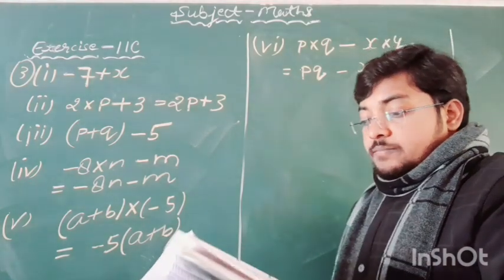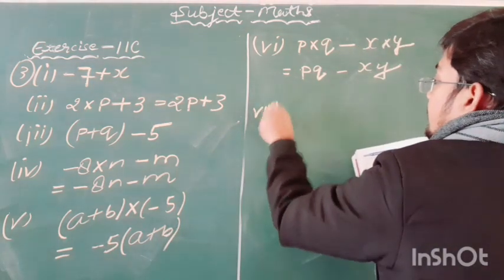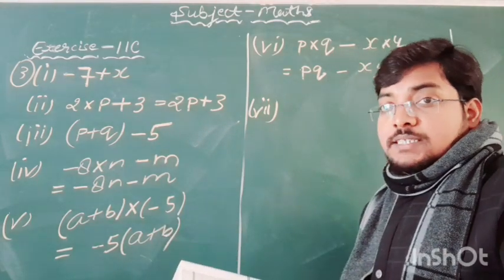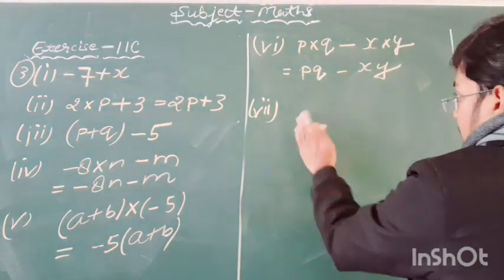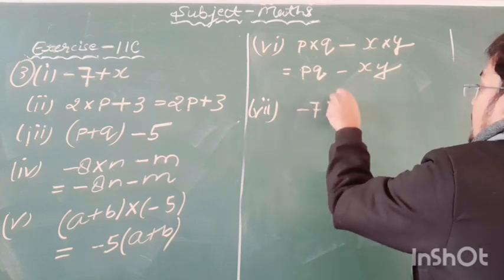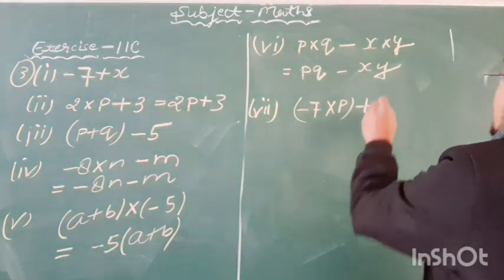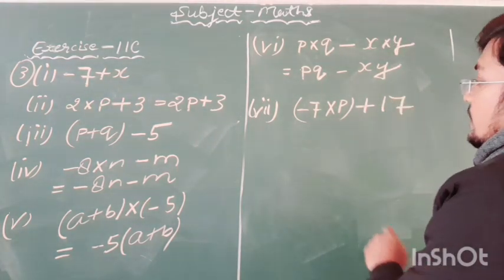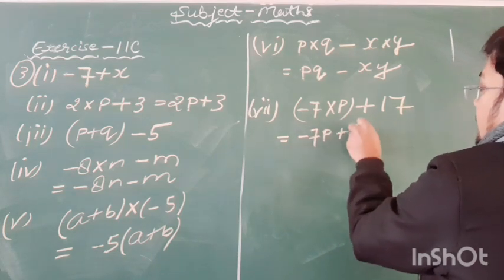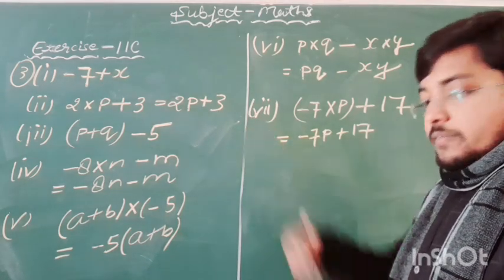And 7 is 17 added to the product of minus 7 and p. So here first we write the product of minus 7 and p and to this add 17. So we write minus 7p plus 17. It is the required expression for question number 7.